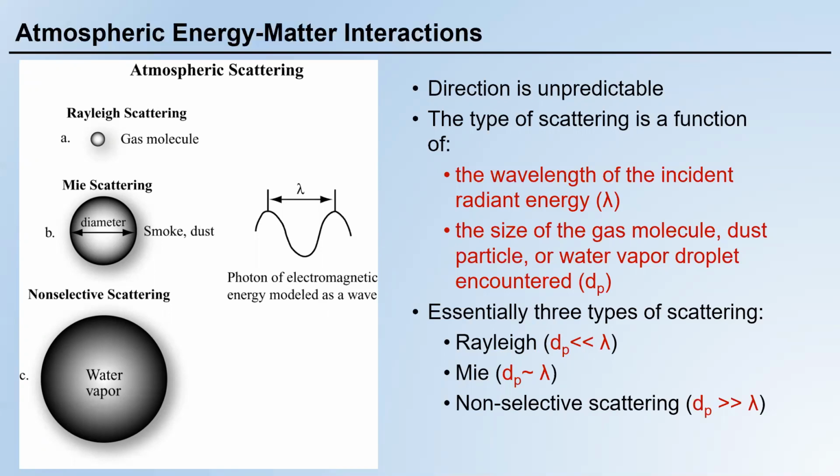The diameter, the size of the gas molecule, decides what type of scattering is going to happen. So essentially, there are three types of scattering. The first one is called Rayleigh scattering. It happens when dP is much smaller than the wavelength of EMR. Rayleigh scattering is the reason why the sky of the Earth is blue. I'm going to introduce that later. The second type is called Mie scattering.